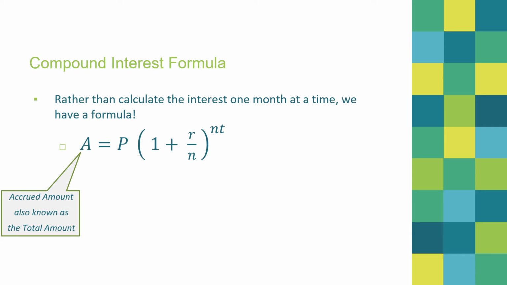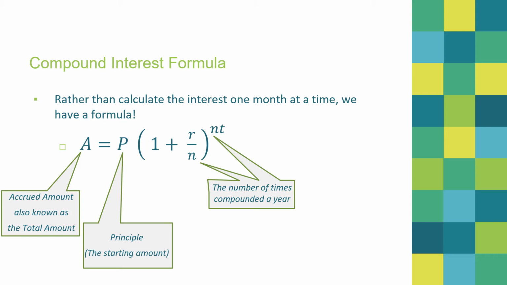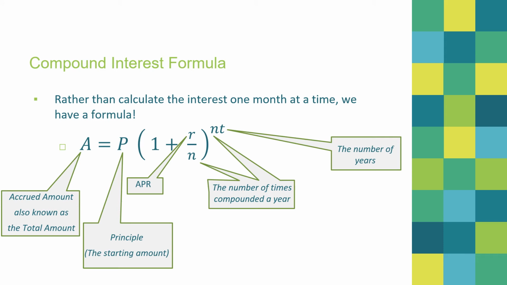Remember, that's just the total. P is the principal, and that's the amount you start with. You should know what 1 is. N is the number of times we compound in a year. R is the APR, or the rate. And T is the number of years.